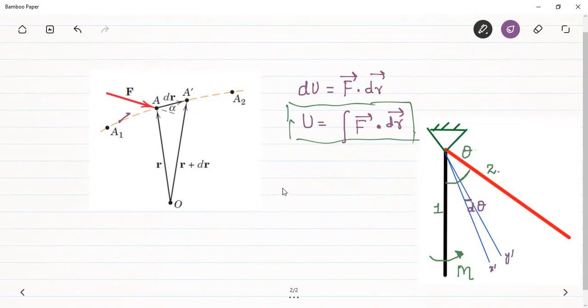So the small work done while this rod is rotated by an angle of d theta from the initial position x dash to the final position y dash will be equal to m d theta, and the total work done will be the integral of m d theta, that is, in moving the rod from the initial position 1 to the final position 2. This will be the total work done.